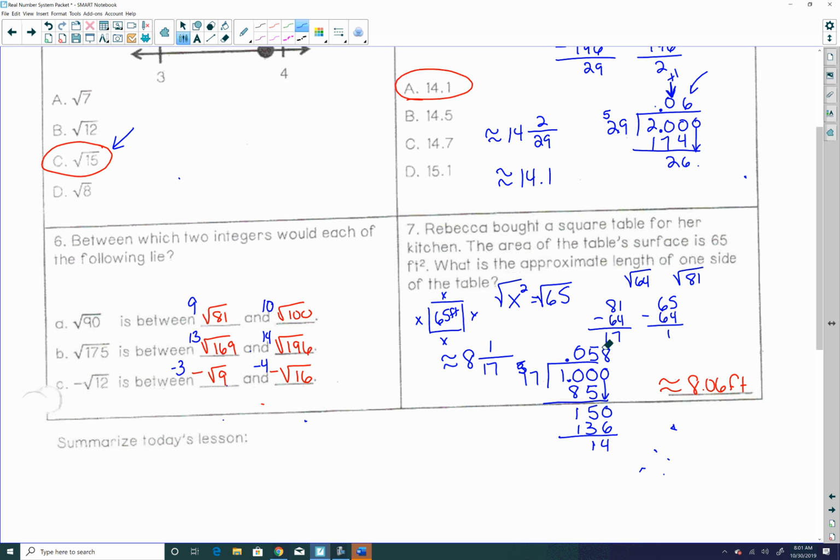All right, so that means this 5 is going to get bumped up 1, so that's why I came up with about 8.06.